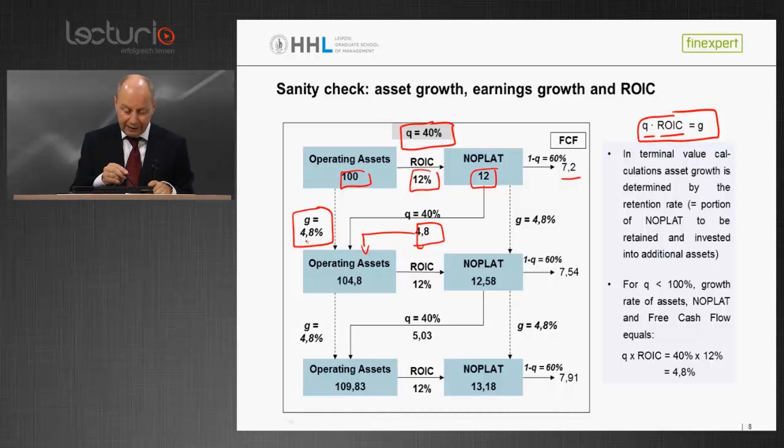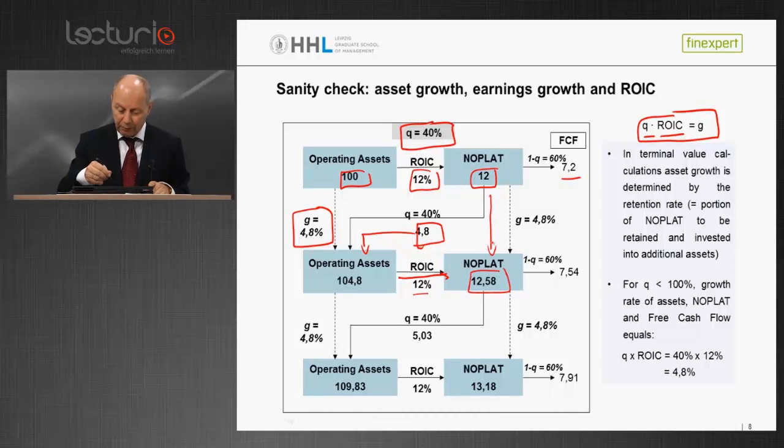That is our asset growth of 4.8%. And as we said, we imply a constant ROIC. Obviously, this growth in assets is then transferred one-to-one into a growth in NOPLAT. Here, 104.8, earning 12%, yields a NOPLAT of 12.58.